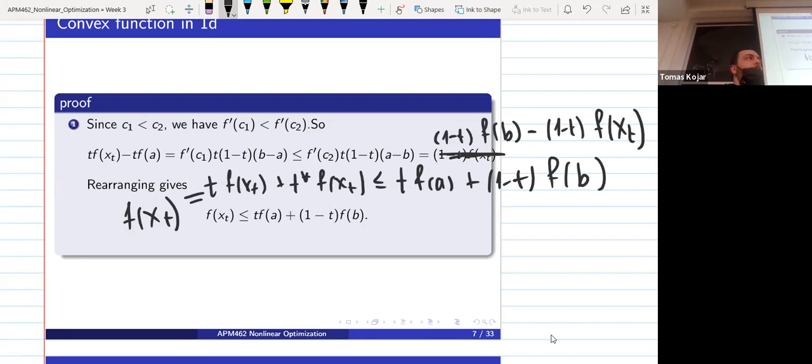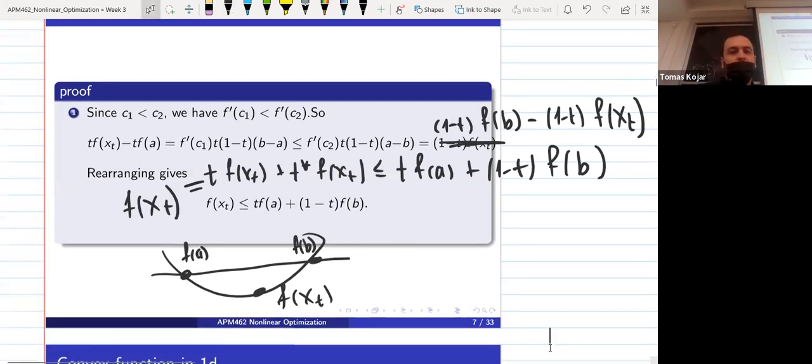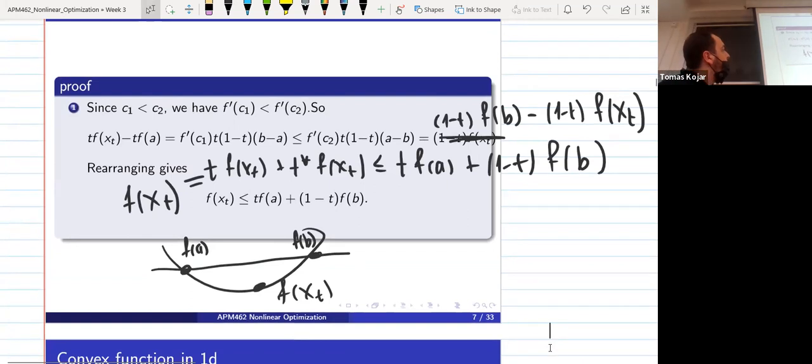But I want you to understand the main idea, because we're going to do it for gradients, and it would be the same idea. All right. So indeed, the interpolation point is underneath the secant connecting f of a and f of b. All right. Questions?